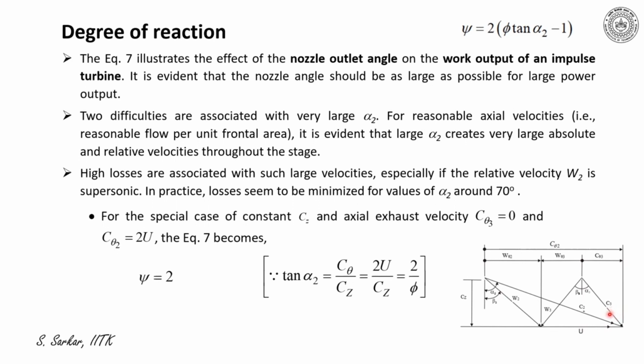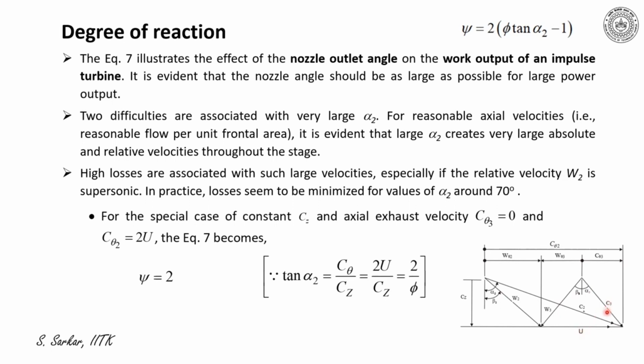Now C3 is associated with the kinetic energy of gases leaving the stage. Hence, the stage efficiency would be maximum for an exhaust which is normal to U, that is axial exhaust.